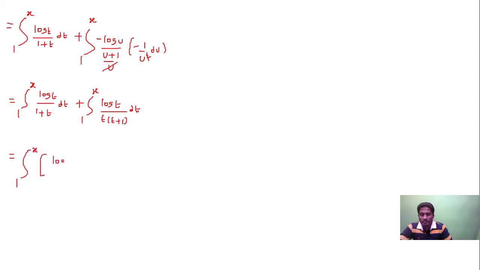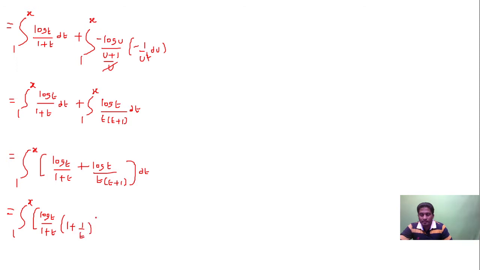So you get log t upon 1 plus t, plus log t upon t into t plus 1, close the bracket, this is dt, integration of 1 to x. Okay, I take log t upon 1 plus t common. Left out is 1 plus 1 by t. Close the bracket, this is dt.